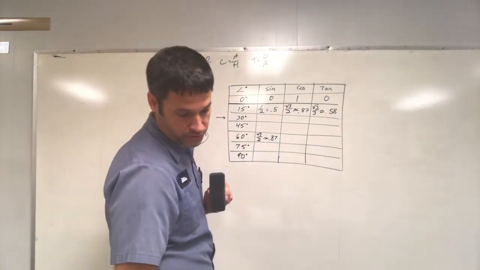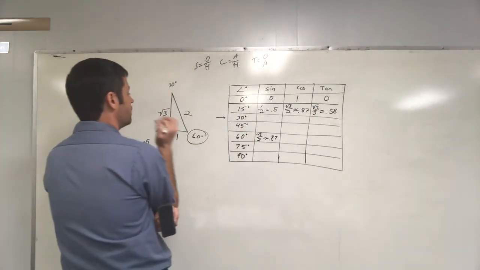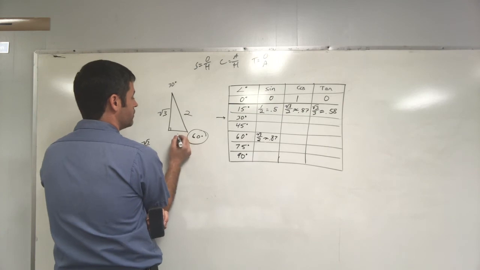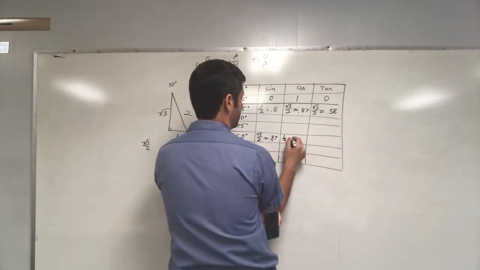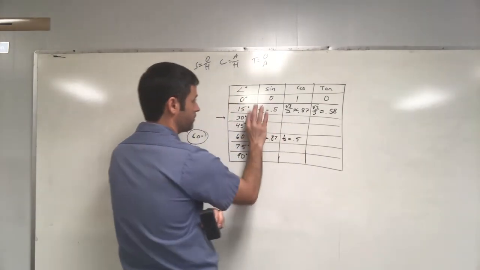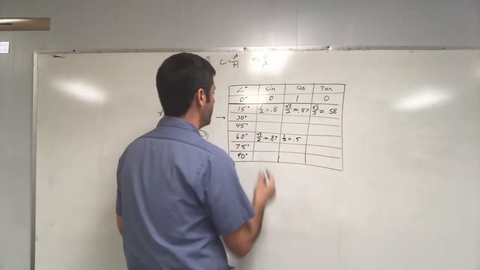And then cosine is adjacent. Am I doing this right? Adjacent is 1 over 2, which we already had again, 0.5. This one goes to here, this one goes to here. The sine and cosine flip. That's my problem.